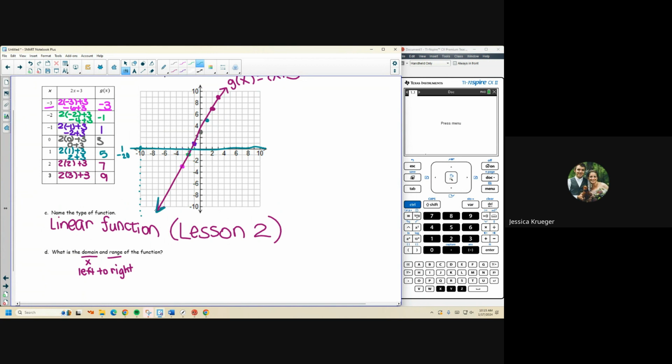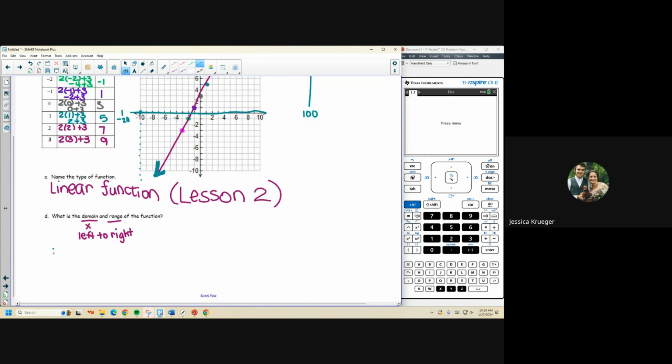This arrow is going to keep going to the left and down. This arrow on the right is going to keep going to the right and up. If I was out here at 100 and I traced up my graph, would I eventually hit my line and get an output? I would. So the domain of my function is -infinity to infinity.